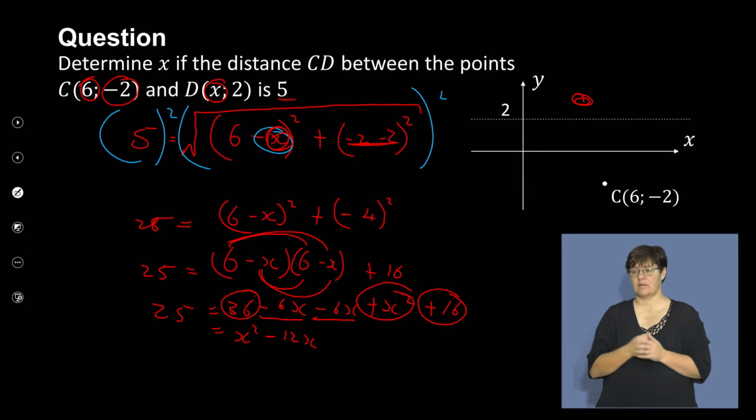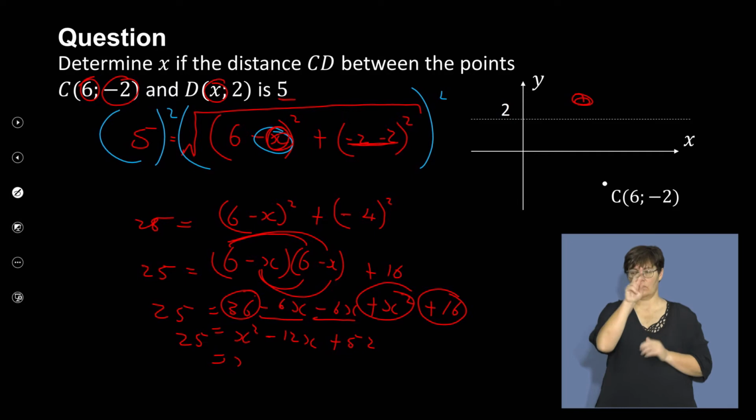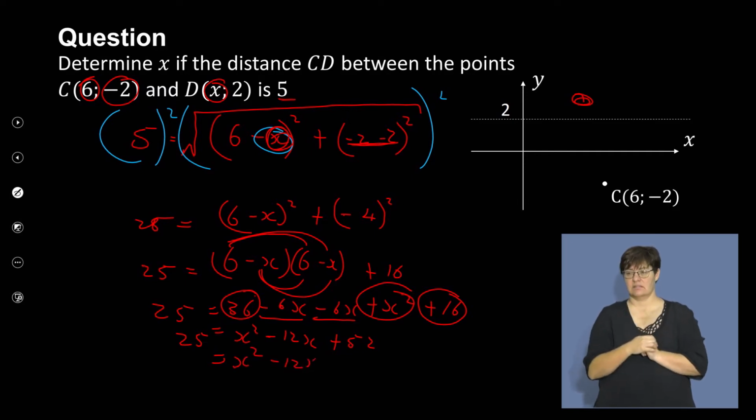All right, that gives me a plus 52. And on this side, I've still got a 25. Remember when we do quadratic equations, I want to take everything to one side equal to 0. So I'm going to take the 25 to this side. That's going to give me plus 27.